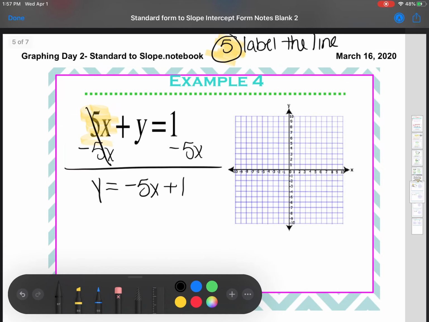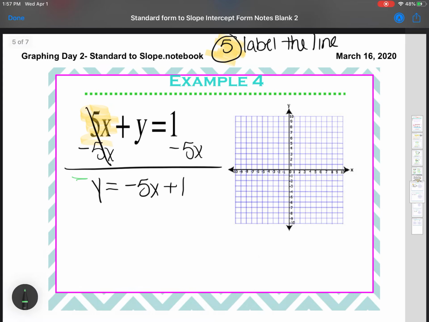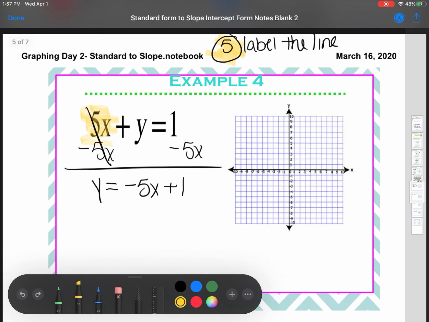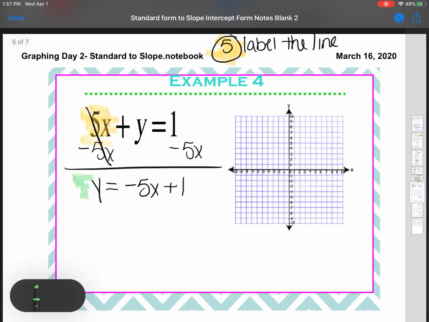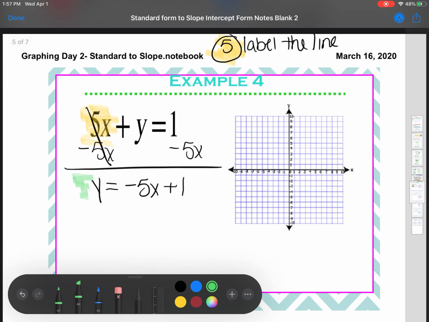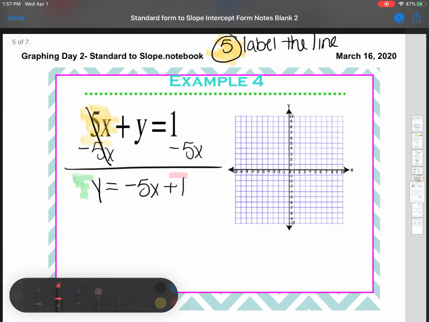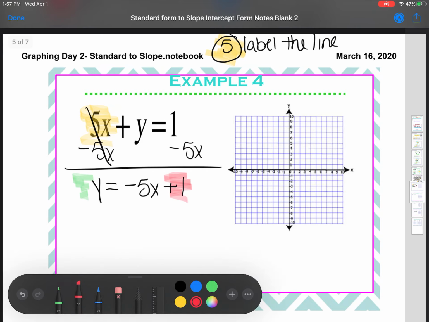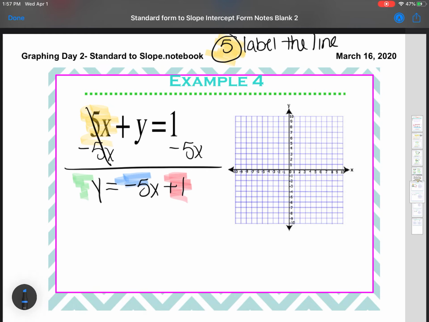I don't have to do anything with moving the y term because there's nothing in front of it. So this is my equation in slope-intercept form. This is my y-intercept, and this is my slope.